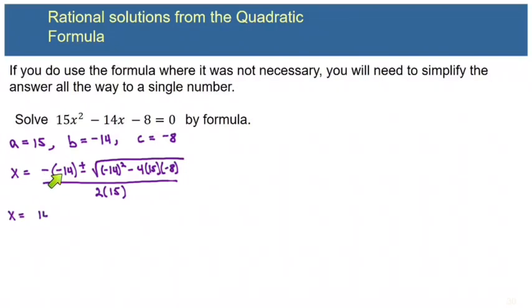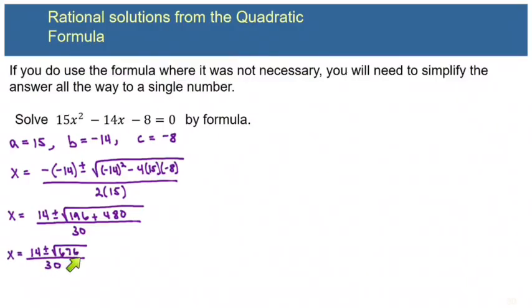Minus negative 14 is positive 14. Under the radical, negative 14 squared is going to be positive 196. Negative 4 times 15 times negative 8 is going to be positive 480, and that's all over 30. Okay, now adding under the radical, 196 plus 480 is going to give us 676, and 676 is a perfect square.